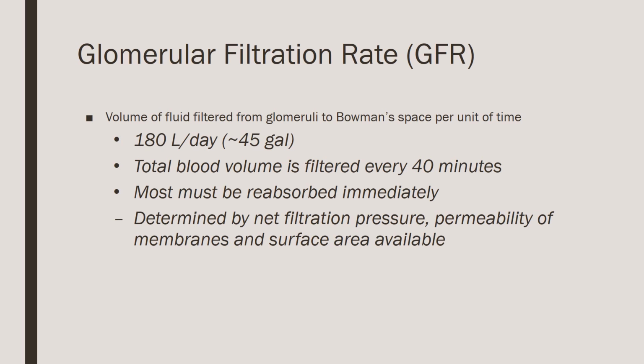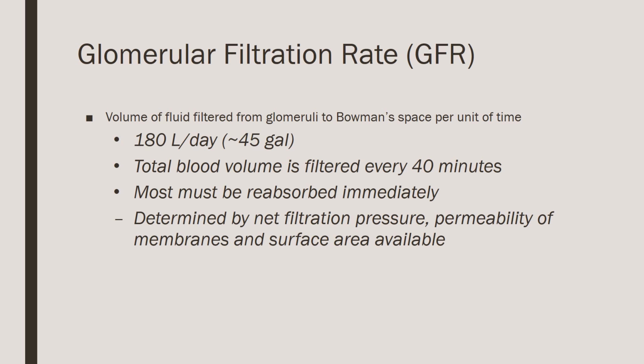This is directly proportional to membrane permeability and surface area. How much glomerular surface area is available for filtration will affect the rate. This can change with contraction or relaxation of the cells holding together the glomerular capillaries.